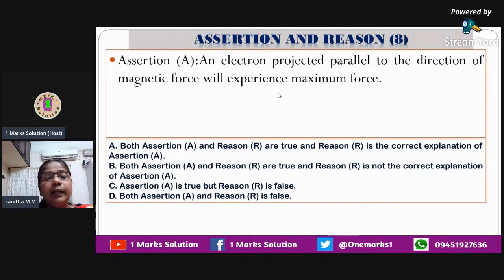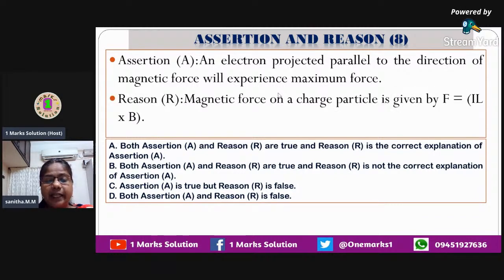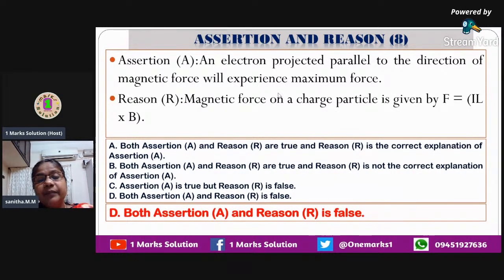An electron projected parallel to the direction of the magnetic force will experience maximum force. What is the equation for the force? We can say F is equal to QVB sine theta. Here it won't experience the maximum force if it is parallel.